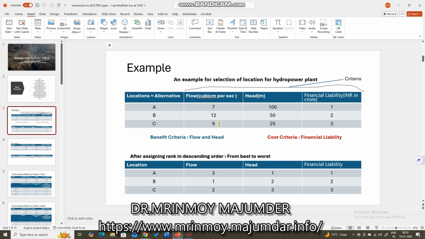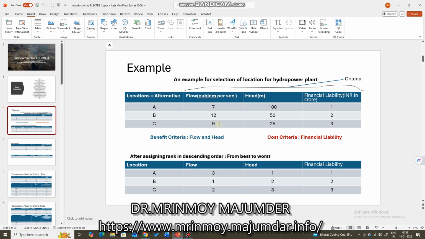Here, in case of ELECTRE 2, they directly go for normalization, but for the benefit of the decision making, to make it more objective and more consistent, what I have done is I have converted the data into ranks of preference.